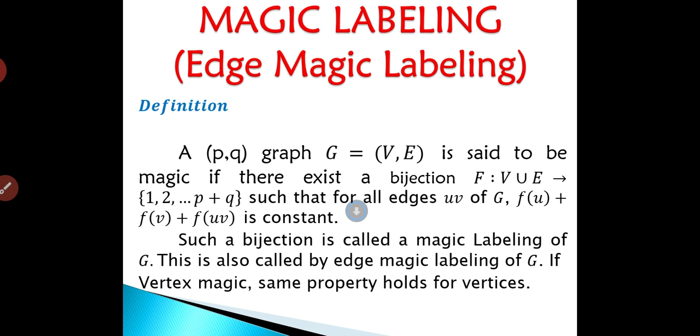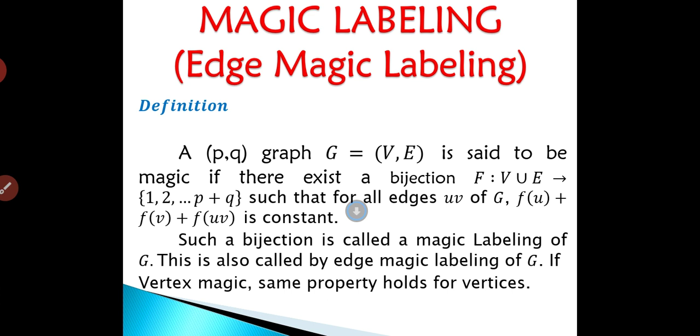a bijection condition, that is, it is a one-to-one and onto function. Here, the mapping is f from V union E to {1, 2, ..., p plus q}. Here V is the vertex set, E is the edge set, small p is the number of vertices, and q is the number of edges.